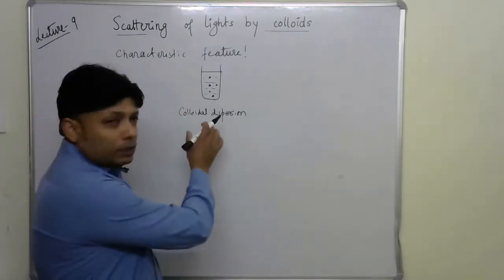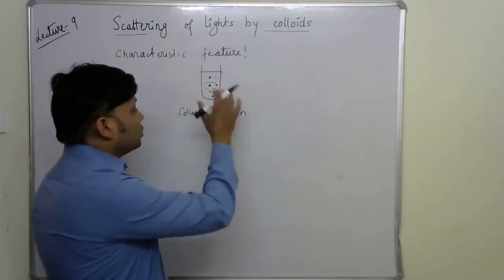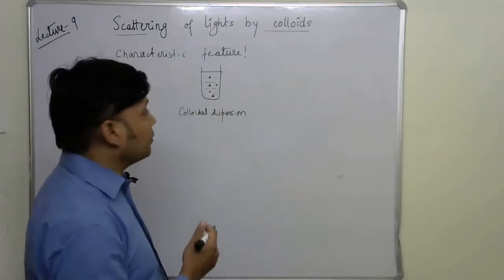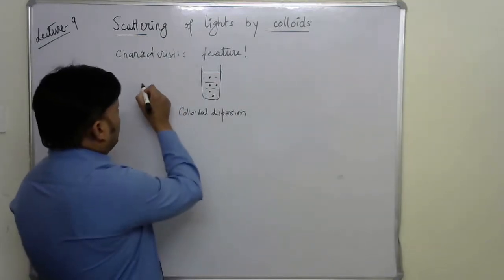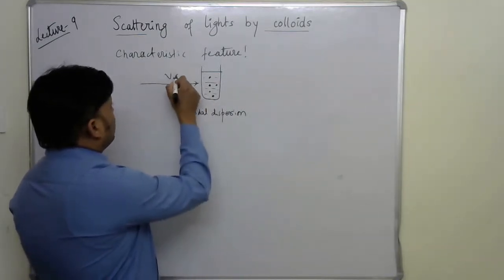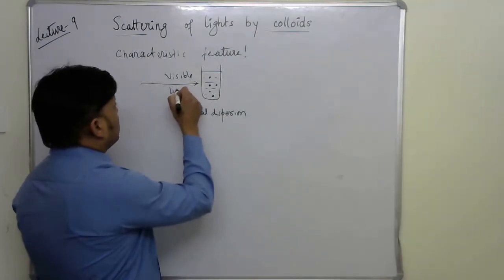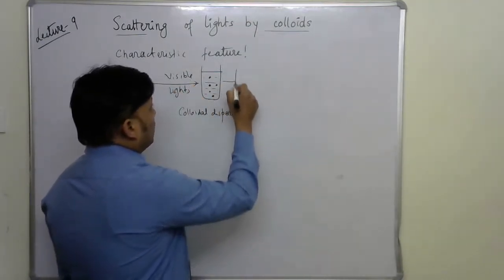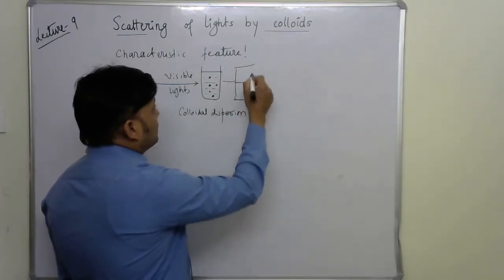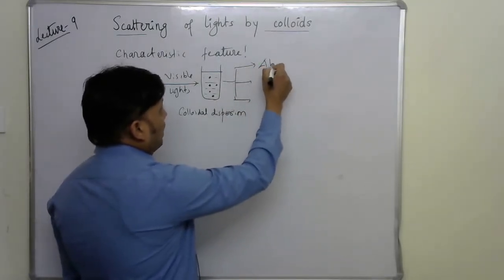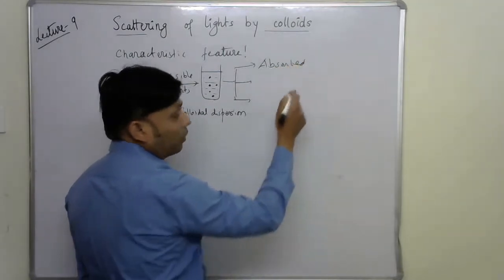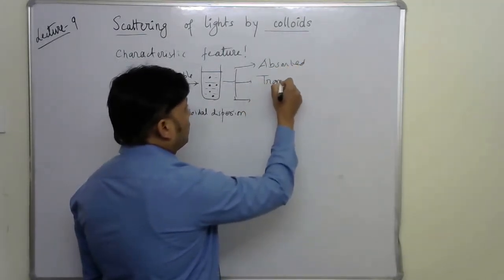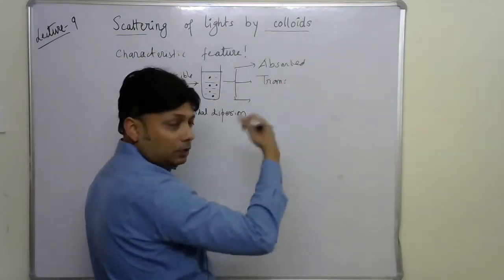Suppose we have a colloidal dispersion, and the dispersion medium could be air or a liquid, water, etc. If we shine visible light on the colloidal dispersion, a portion of this visible light may be absorbed, and a portion of light may go as it is, undisturbed.